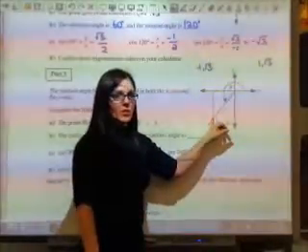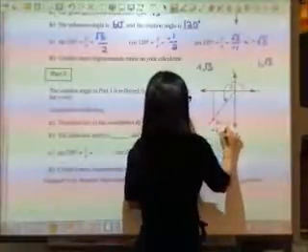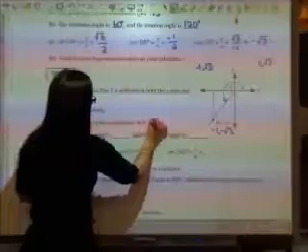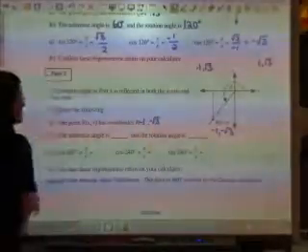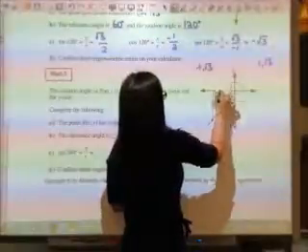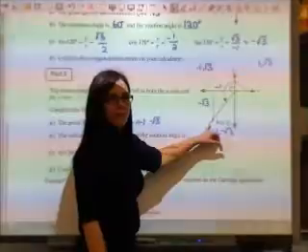So in this quadrant, it would be -1 and -√3. What's the radius going to be?